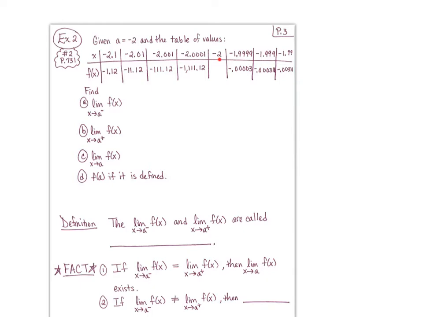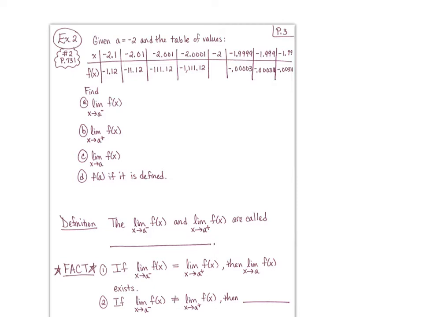Notice that we're choosing values of x closer and closer to -2 from the left, and closer and closer to -2 from the right. Does that make sense? Respond, please. Yes, okay. All right. Thank you. Got you online.